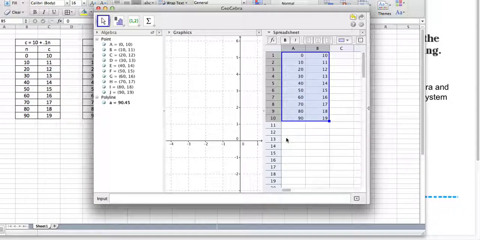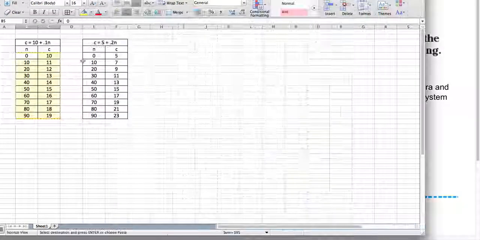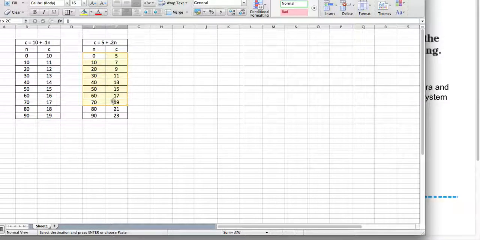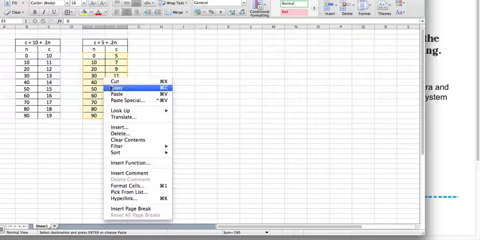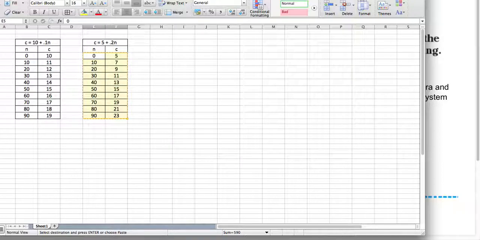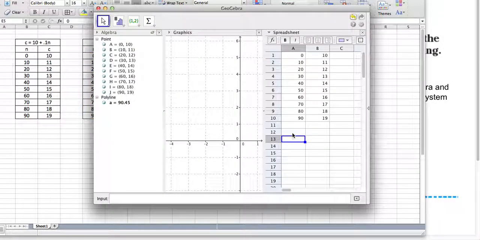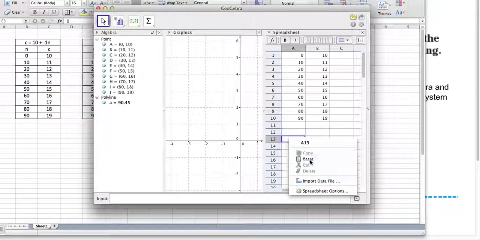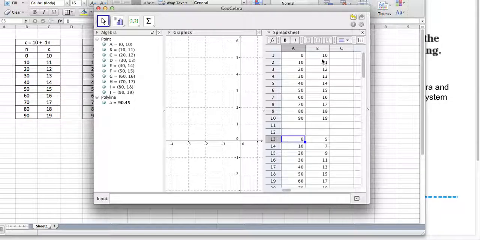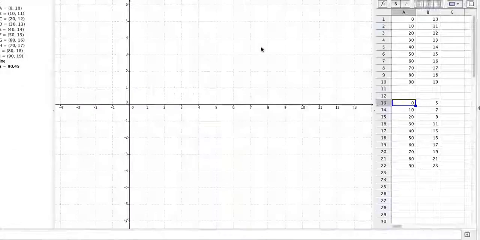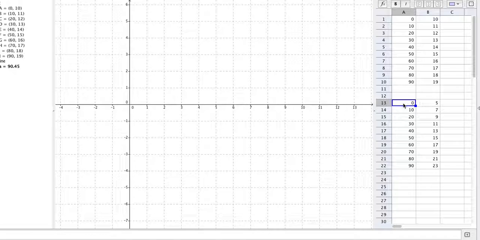And we're going to get the other one, these values right here. I'm going to copy that, go back to GeoGebra, and paste that. Let's maximize this now, and let's graph this table of values.